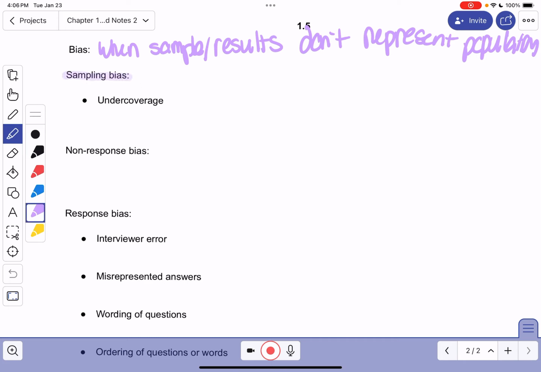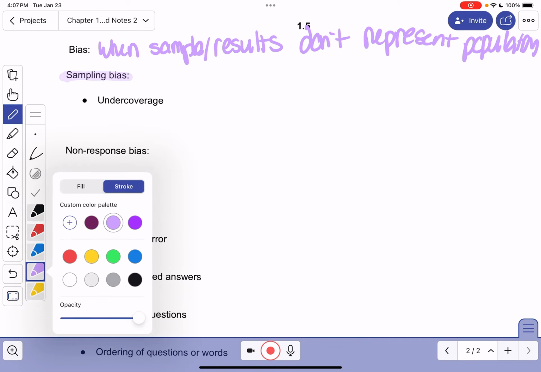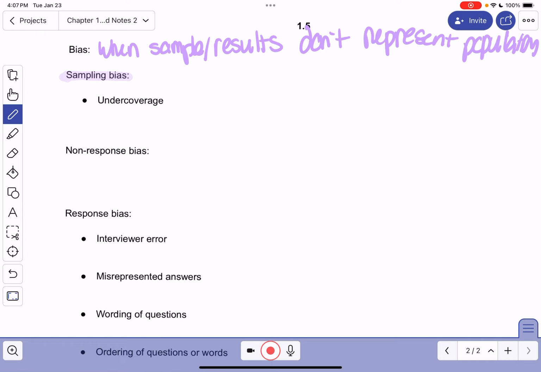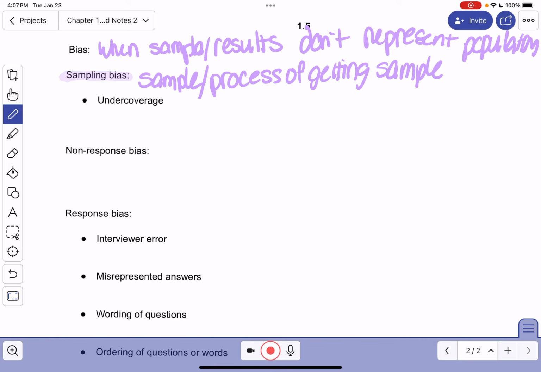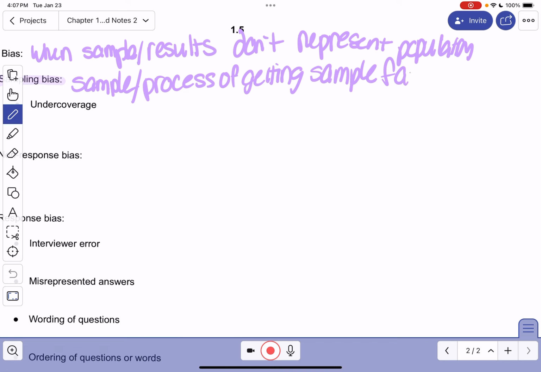One thing is sampling bias. Something is wrong with either the sample or the process of getting the sample, and it favors one part of the population.